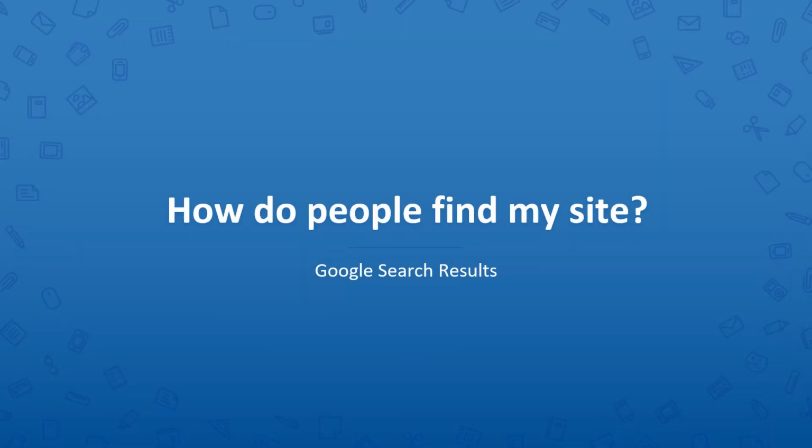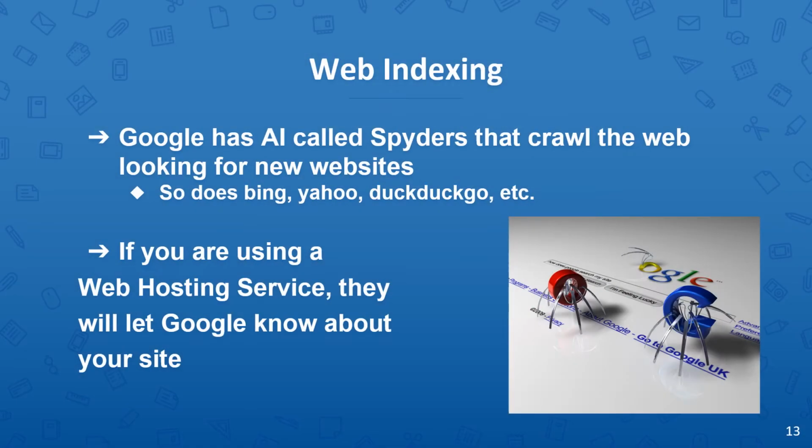Next, let's talk about how people are going to find you. To do this, we'll have to talk about web indexing. Search engines have AI called spiders that crawl the web looking for websites to add to their search results. If you're using a web hosting service, they'll simply let these search engines know about your website so you don't need to wait for spiders to find you.